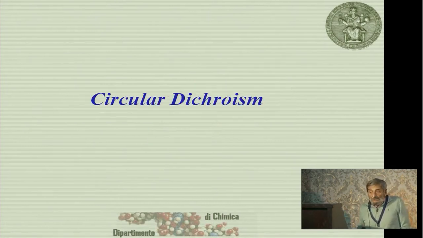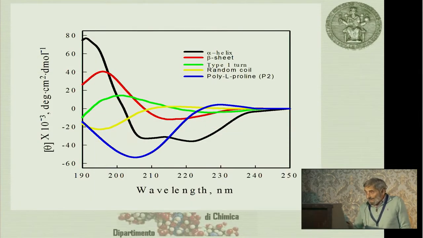As many of you will know, circular dichroism spectroscopy is a widely adopted technique in the study of biological macromolecules. In the next slide, the CD spectra of some very well-known biological macromolecules are shown. This is the figure you find in all the books of biological physical chemistry.